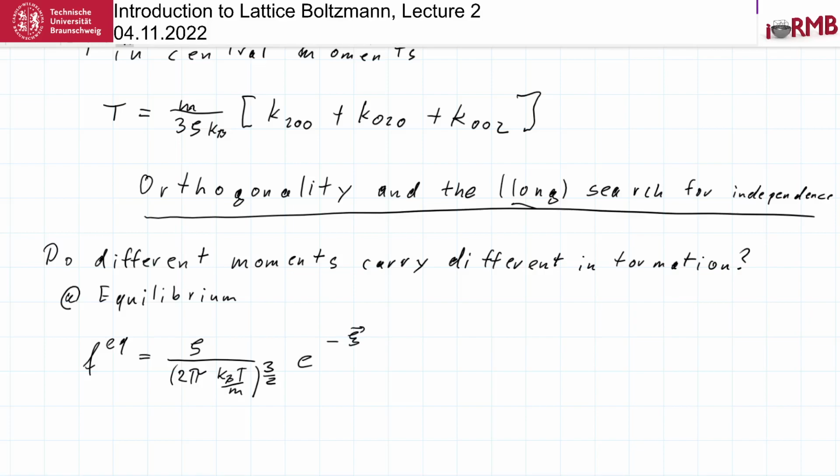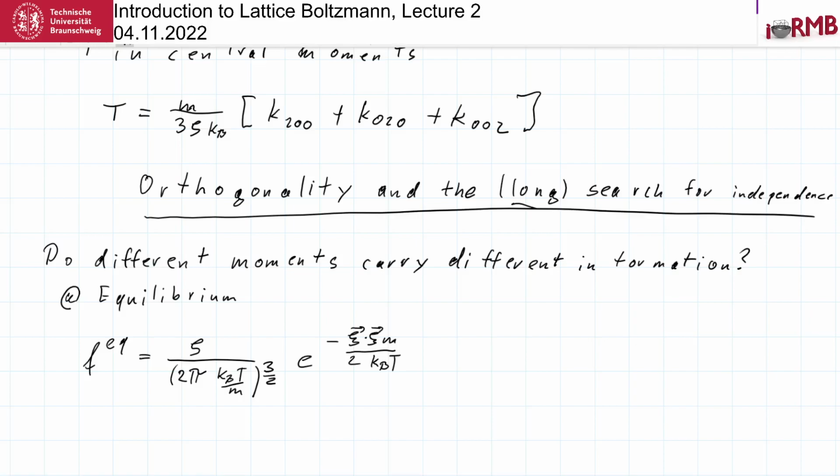The important thing here is in the exponent, where we have xi times xi, m divided by 2. This is the kinetic energy, and kBT is of course also the thermal energy.